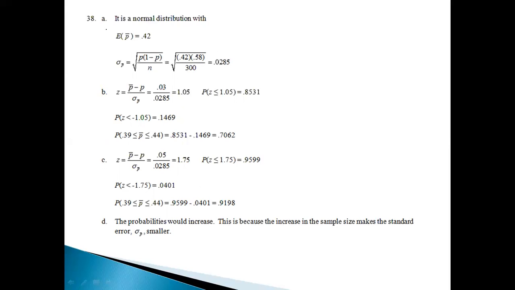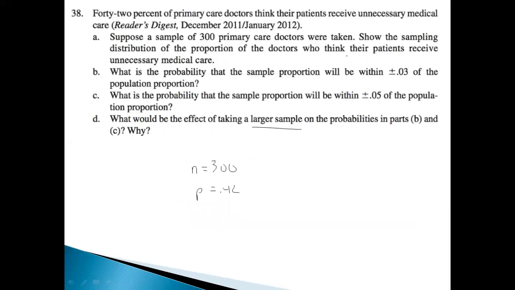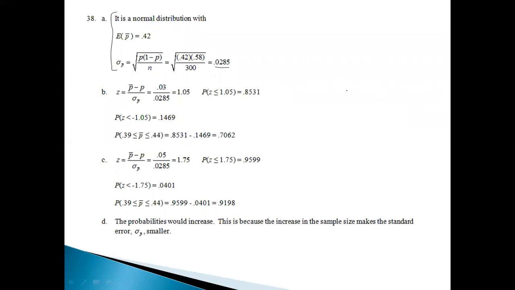And so that's basically our part A. It's a normal distribution with the expected value of that and the sigma p of this, and that's our setup for the sampling distribution.